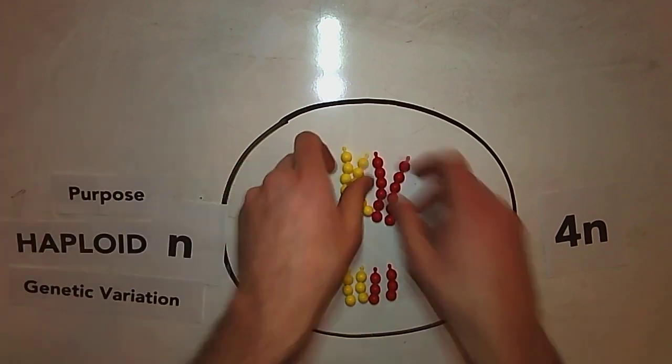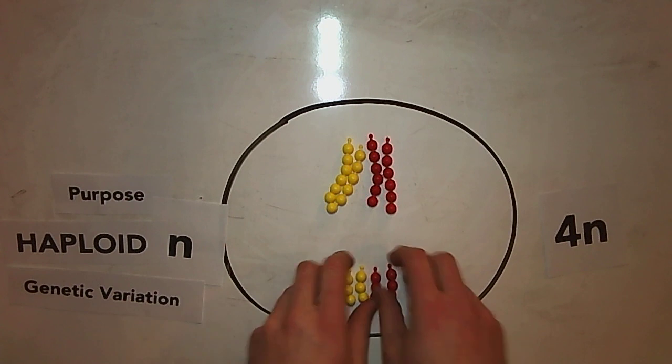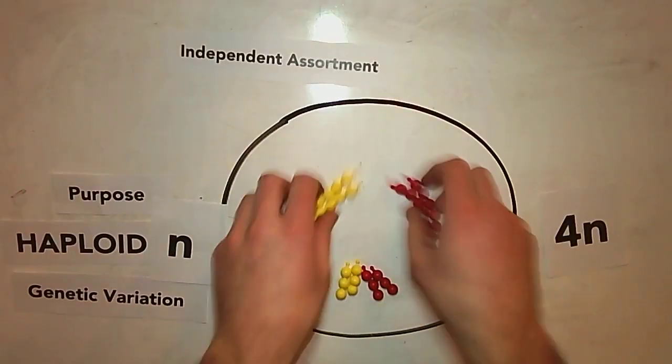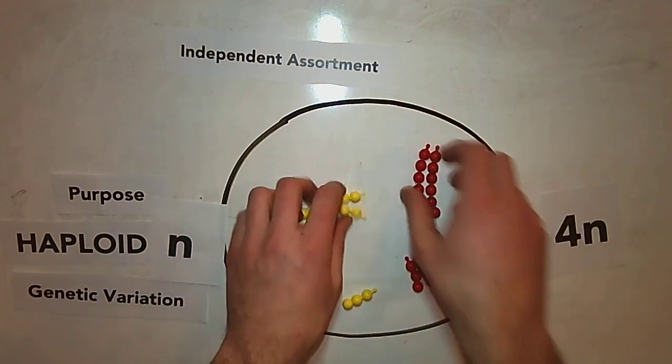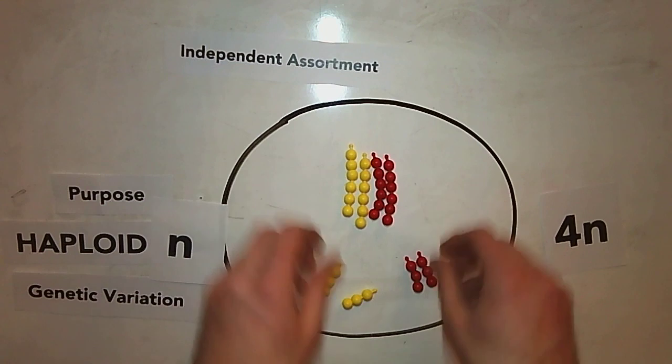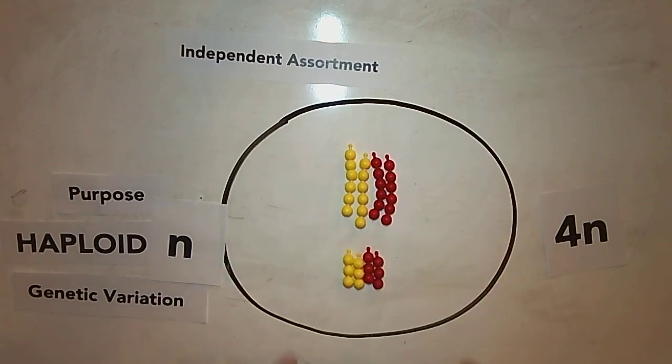Okay. So at this point during mitosis, the cell would split, everything would be genetically identical, but remember our goal is to have this genetic variation, so some things are going to happen at this point. Right? The first one is going to be called independent assortment. And so these chromosomes, I had them lined up before, but they're going to line up. Okay, so they might line up like this. But they don't have to line up just like this with all the yellow on this side and all the red on this side.